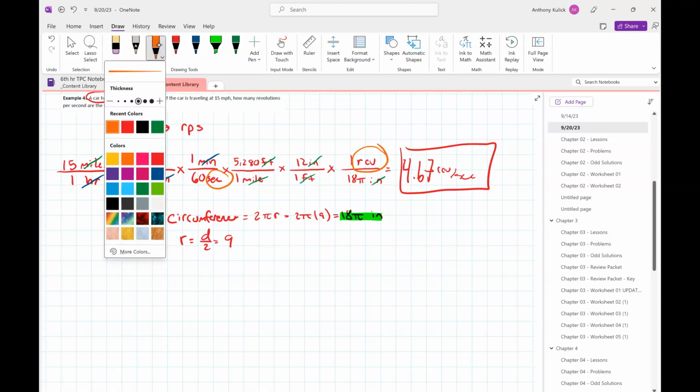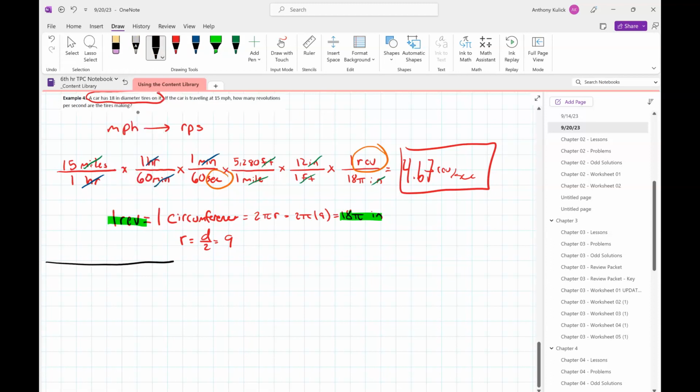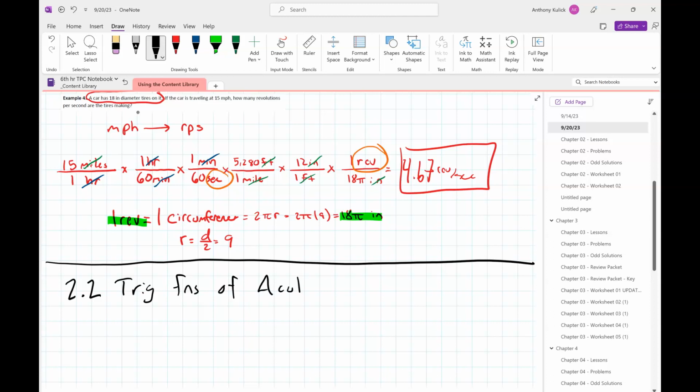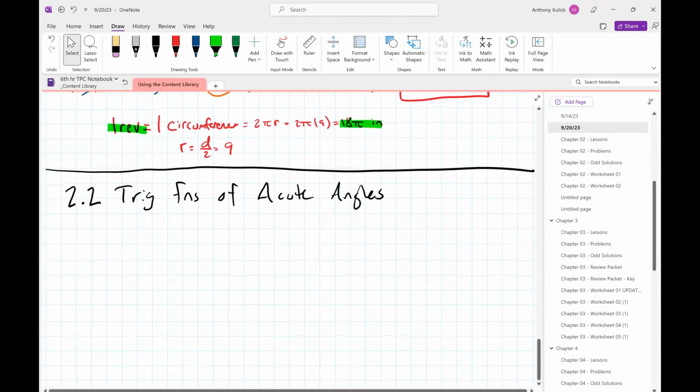All right. Section 2.2. So here we're going to be talking about trigonometric functions of acute angles.